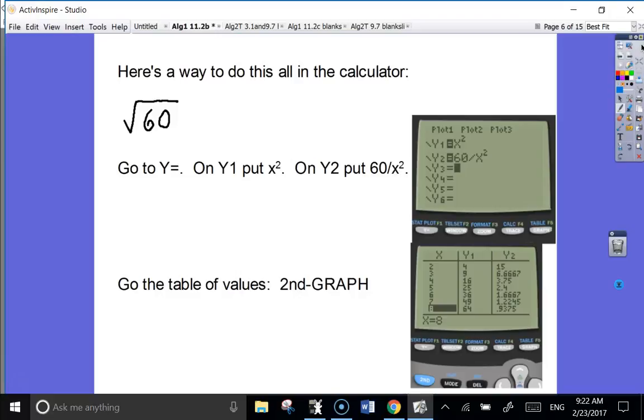You're good. Actually, y equals x squared. You're good. If you got x squared, yep. If you got the 60, I'm going to show you in a minute. That is the next slide. Okay.